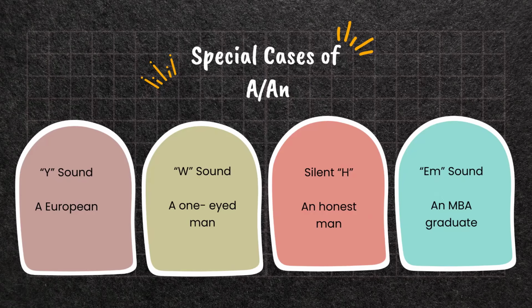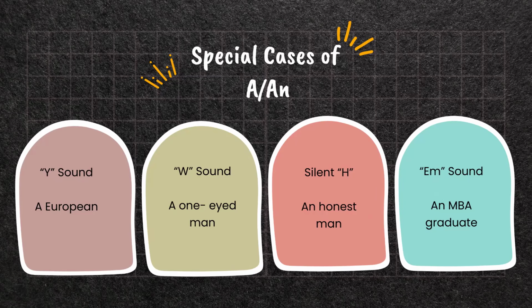Let's look at some special cases that confuse many. Take these examples. A European, because European starts with the yu sound, which is a consonant sound. Next, a one-eyed man. One starts with the sound w, so we use a. An honest man, the word honest has a silent H, so it starts with a vowel sound.